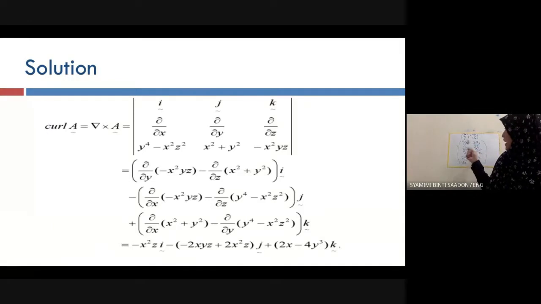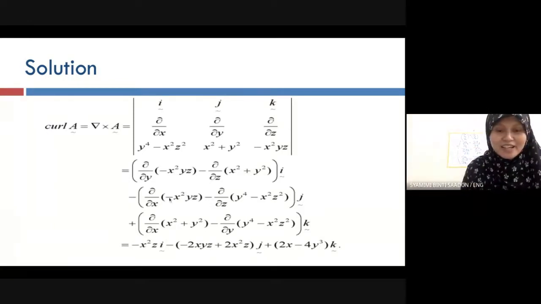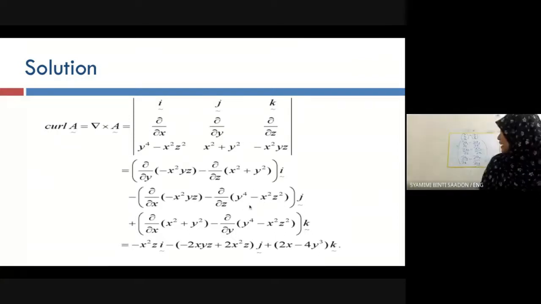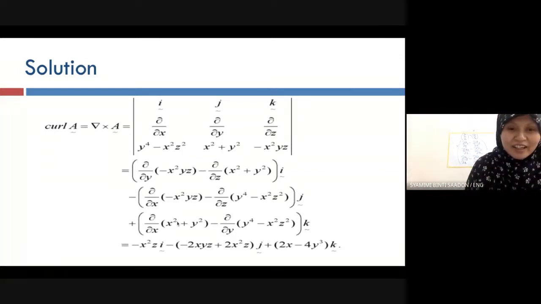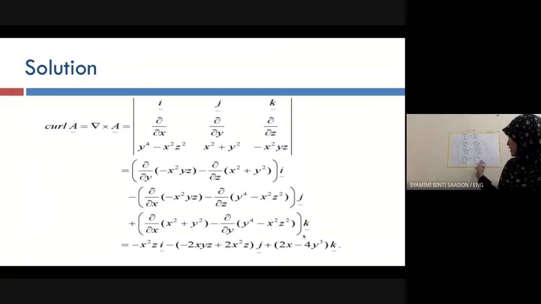And then the second component, partial derivative of x of AZ minus AX. Either you put minus outside, or you write it like this. And the last one, x squared plus y squared, this one AY minus this one AX.